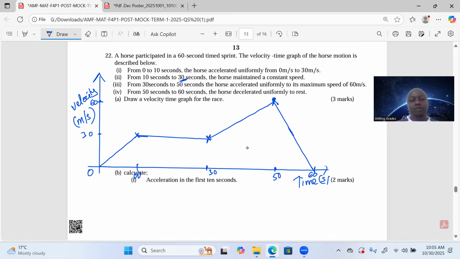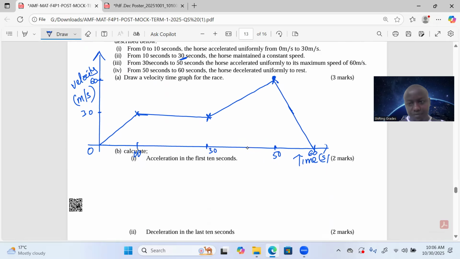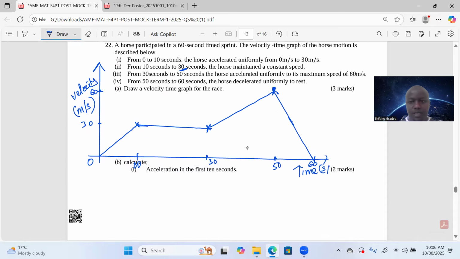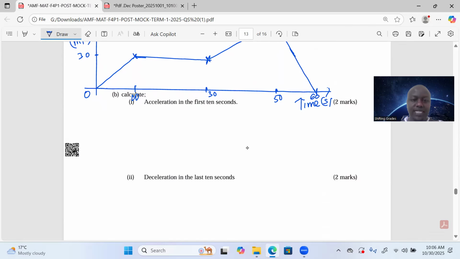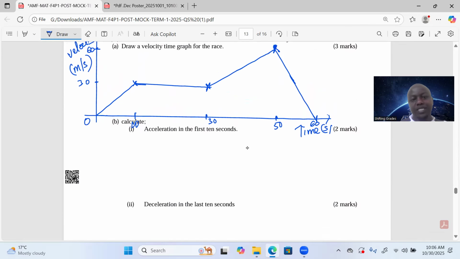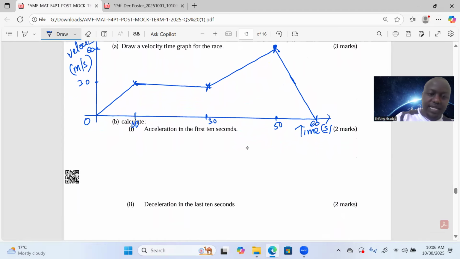Then after sketching the motion, there is something I want us to calculate in part B. There is a Roman 1 there. You've been told to calculate the acceleration in the first 10 seconds. Acceleration means the gradient of this particular straight line. We have time 10 and velocity 30, then we add 0, 0.